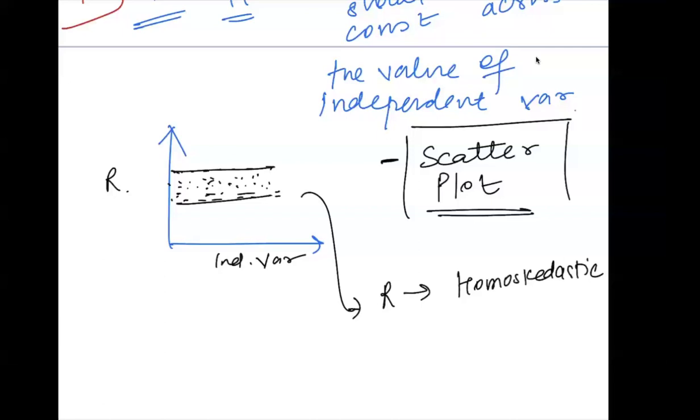If you see, this variance is constant across different values of the independent variable. So when we say homoscedasticity, it basically means there is no heteroscedasticity.